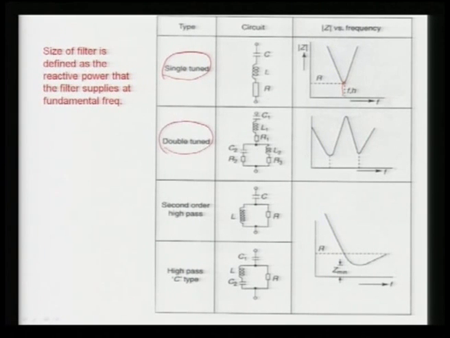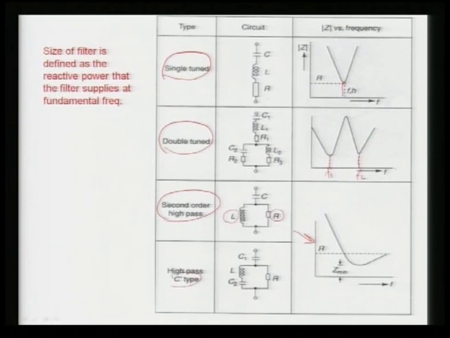Another is the double tuned circuit, a second order filter, providing the minimum impedance for two frequencies, F1 and F2. But your high pass filter is again second order. You can see we are using capacitors, inductors, and a resistor here. So this characteristic becomes like this.